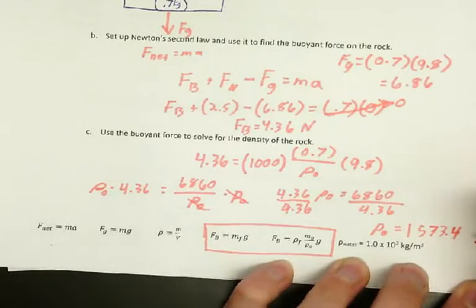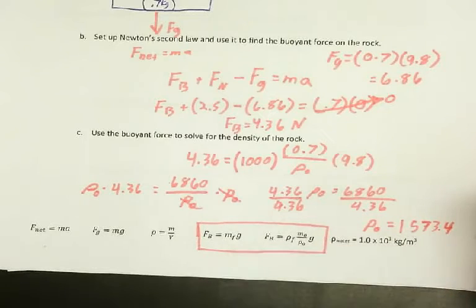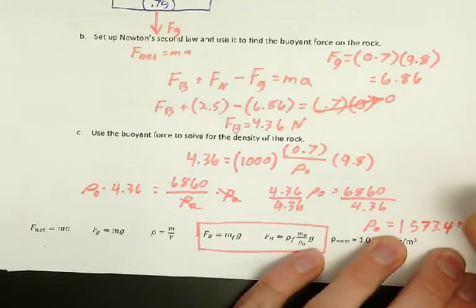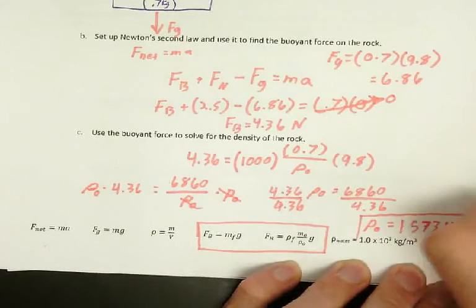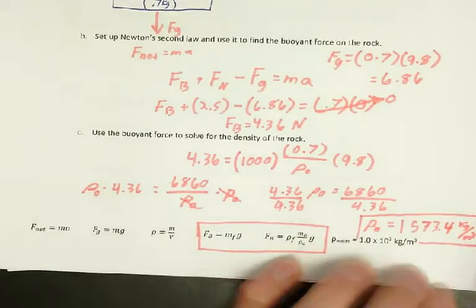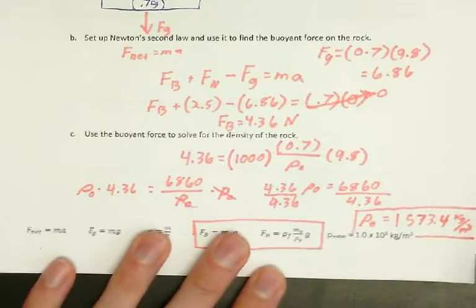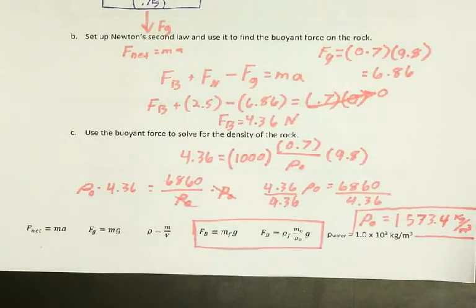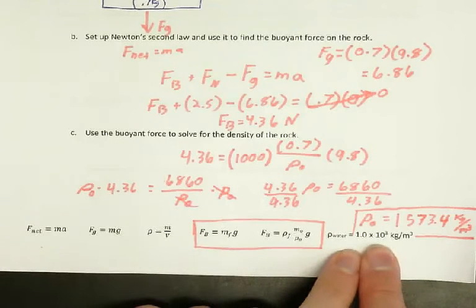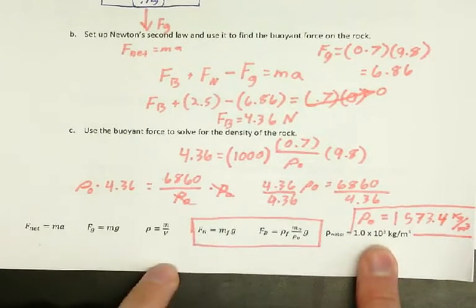I don't care which way you do it. There you go. All right, and I include the density of water down here, so if you forget it or whatever, that's there at the bottom.